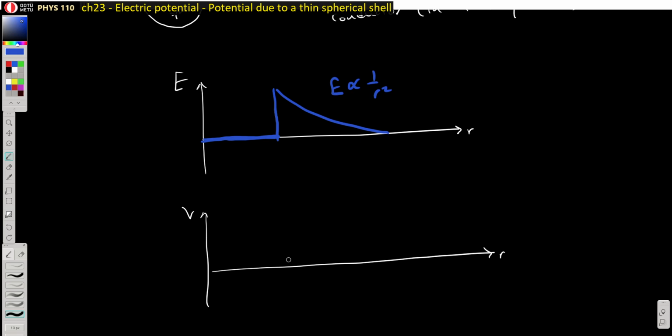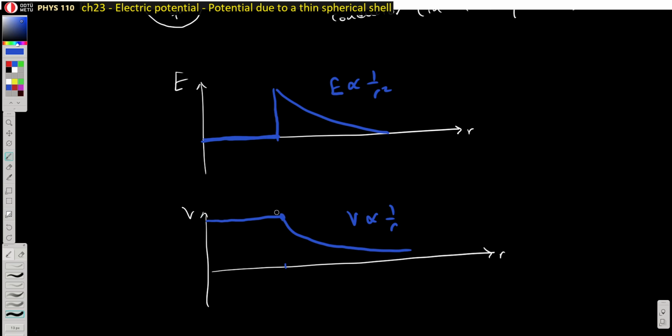For the case of potential, outside the potential is proportional to 1 over r, the point charge result, but inside it is constant, and the value of the potential is basically equal to the value of the potential at the surface. All right, so the derivative of the potential gives you the electric field. Since the potential is constant in here, inside the sphere the electric field has to be 0 too.